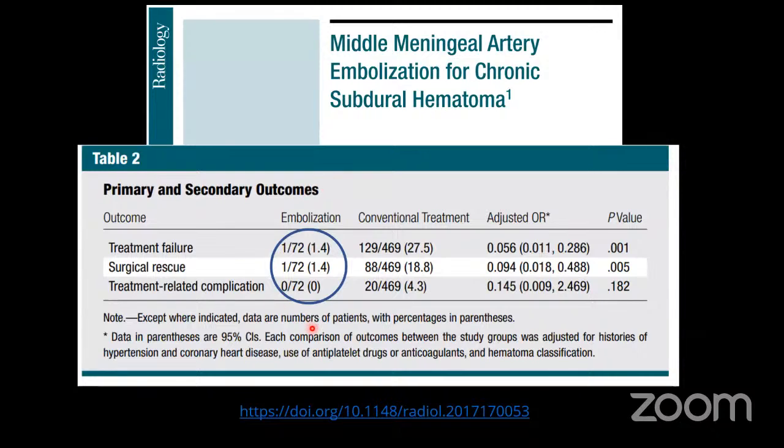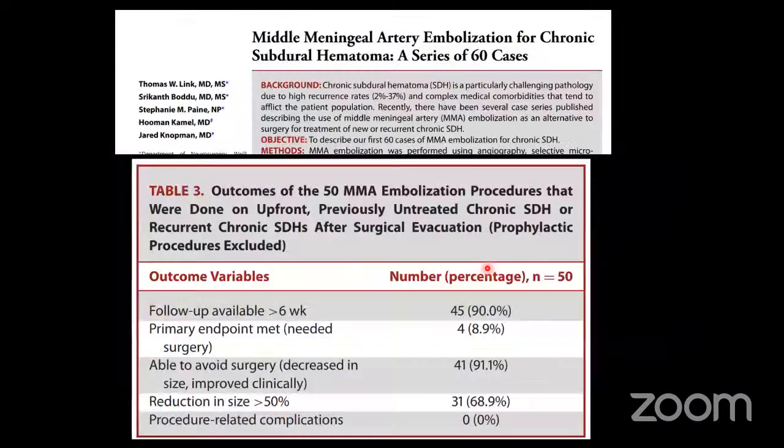And another case series with 72 patients. Post embolization, the treatment failure was 1.4%. Before, it was 27.5%. And there is also a series of 60 cases of middle meningeal artery embolization for chronic subdural hematoma.